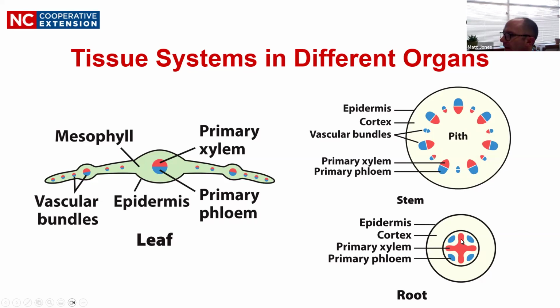And instead of a circular array of bundles, the xylem occurs in a cross pattern with phloem cells in between. And as they grow, it does end up essentially growing into an inner and outer ring. But anyway, so just to give you an idea of how these tissue systems seem to be distributed in different plant parts.